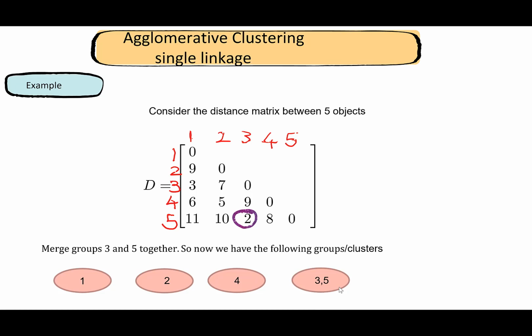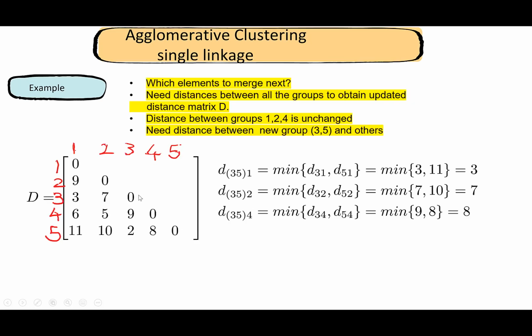Now the question is, we have this new group structure, so which 2 elements do we combine next? Before that, we need to update this distance matrix. We no longer have 5 clusters; we have only 4 clusters. So we need to update the distance matrix.